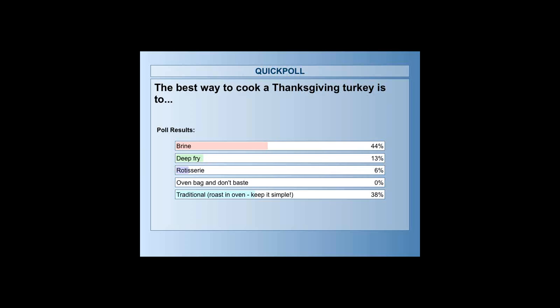And boy, we've got a lot of traditionalists. I read that if you keep opening your oven to baste your turkey, it will not cook. You shouldn't. You should put it in a bag and don't baste it. And look, not one expert said that was true.